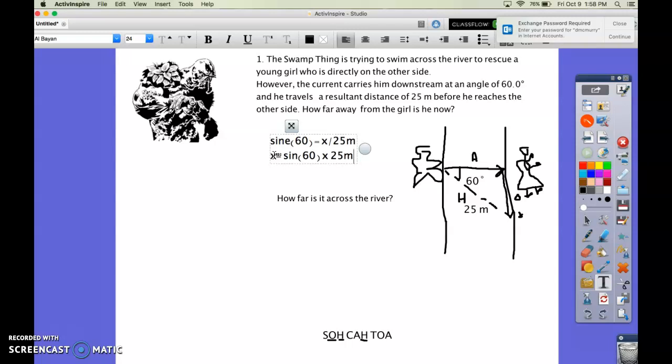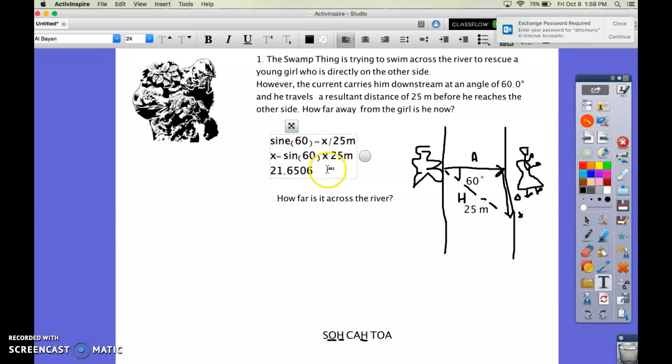All right, and if you calculate that on your calculator, you will get something around 21 point something, I believe, but let me double check. All right, so you have sine of 60 times 25, and you do, in fact, get 21.6506, whatever.